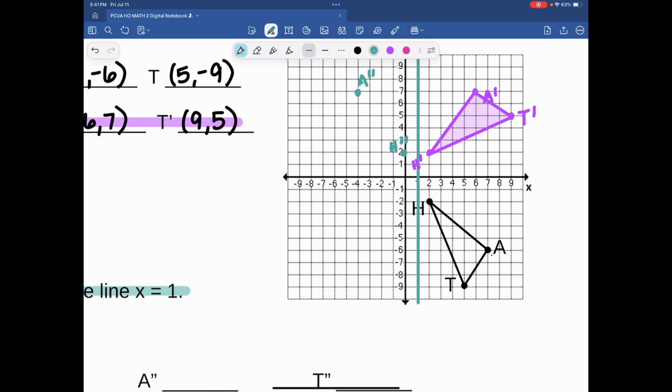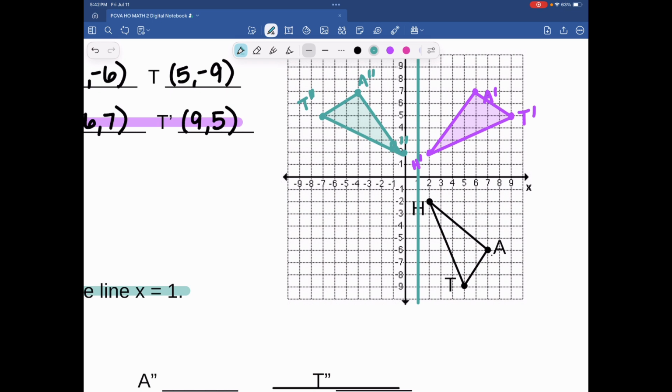Then my T is 1, 2, 3, 4, 5, 6, 7, 8 units, so we're going to go on the opposite side 8 units, and that's going to be my T double prime. And again, there is my new triangle.